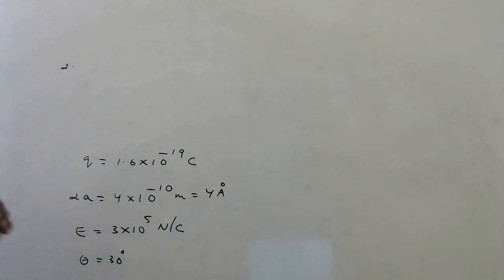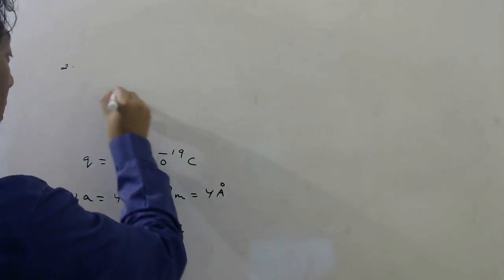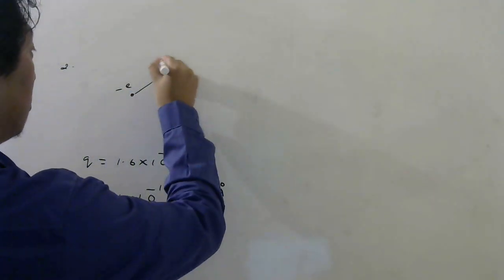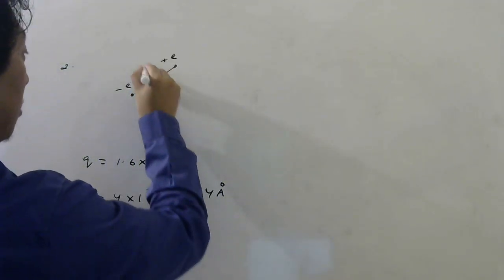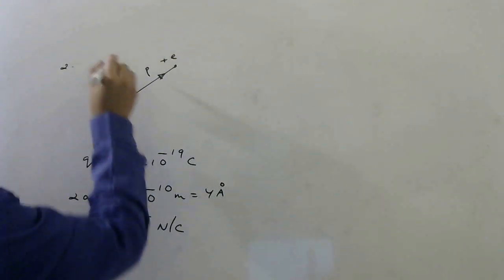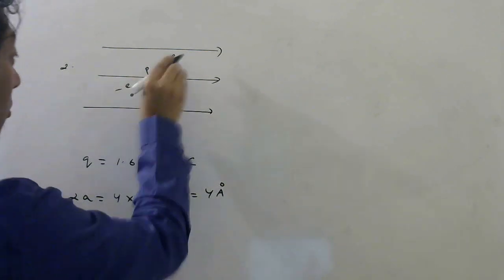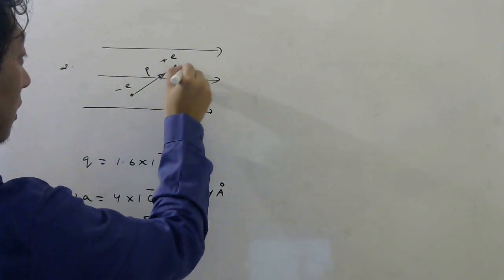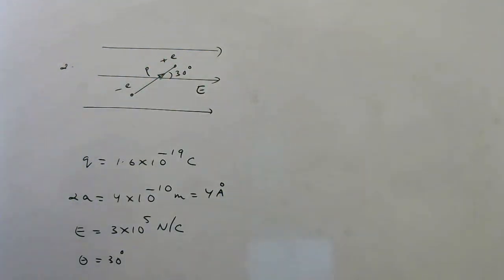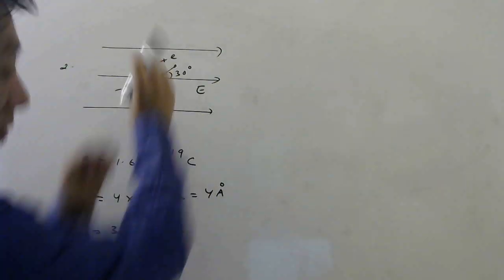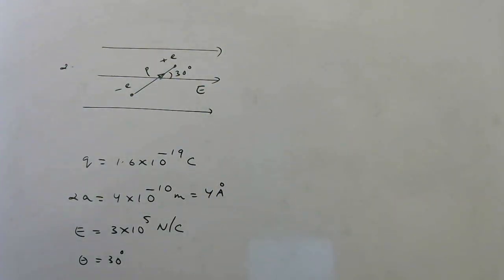This is your negative charge and this is your positive charge. This is your dipole moment, from minus q to plus q. The dipole makes an angle of 30 degree with electric field. Then you know that it will experience torque. So the question is, calculate the dipole moment, and second, calculate the torque.